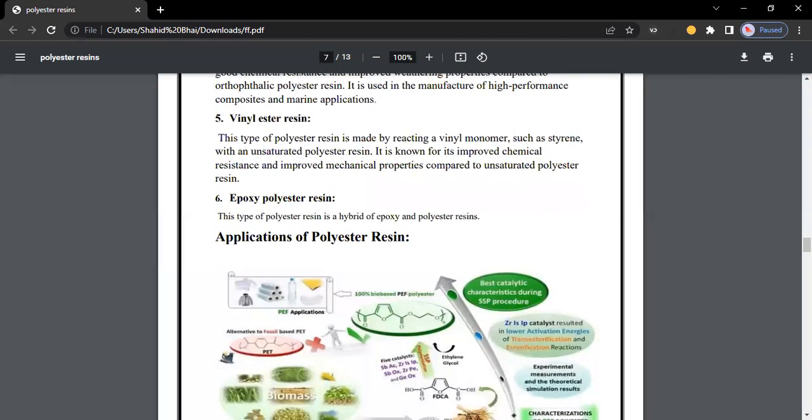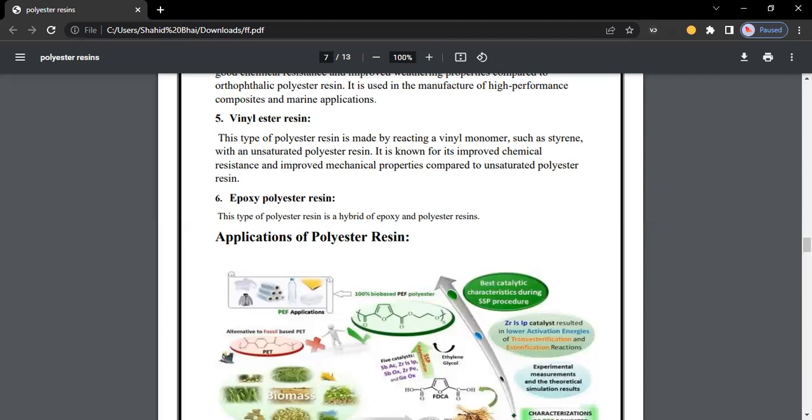Vinyl polyester is another polyester made by reacting vinyl monomers such as styrene. We discussed that styrene forms the same polymer from the same monomers, a long chain polymer that we use in the manufacturing of food containers and also cosmetic bottles.